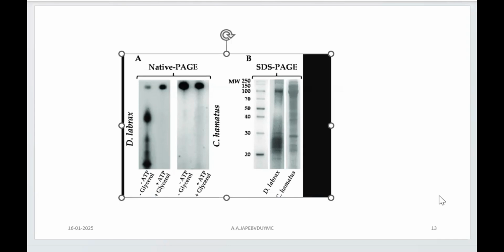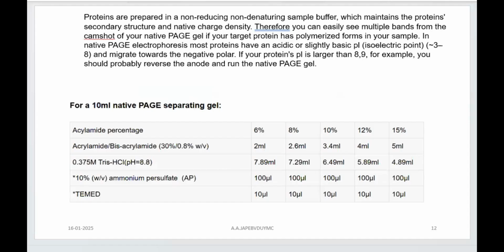The application is just to compare that, but the point here is when you are separating with the help of native gel and when you are separating with the help of SDS PAGE, SDS PAGE is comparatively superior. That is what can be easily concluded.